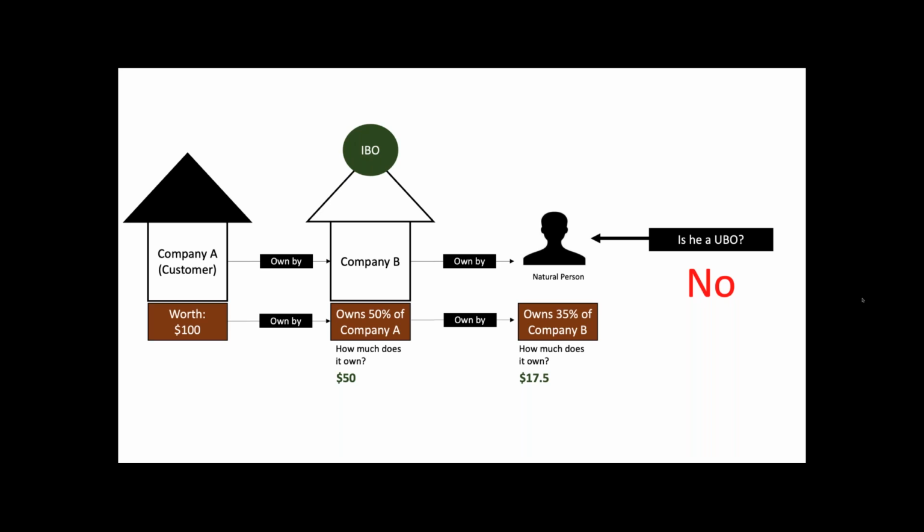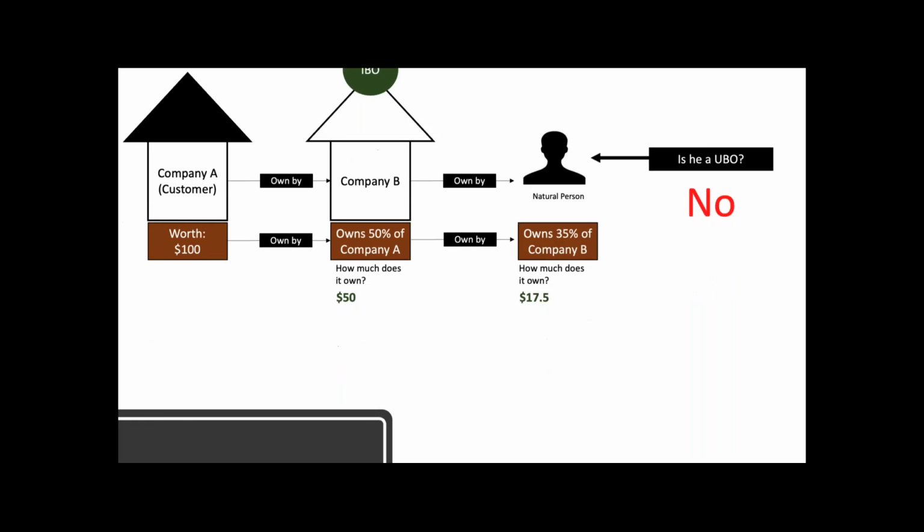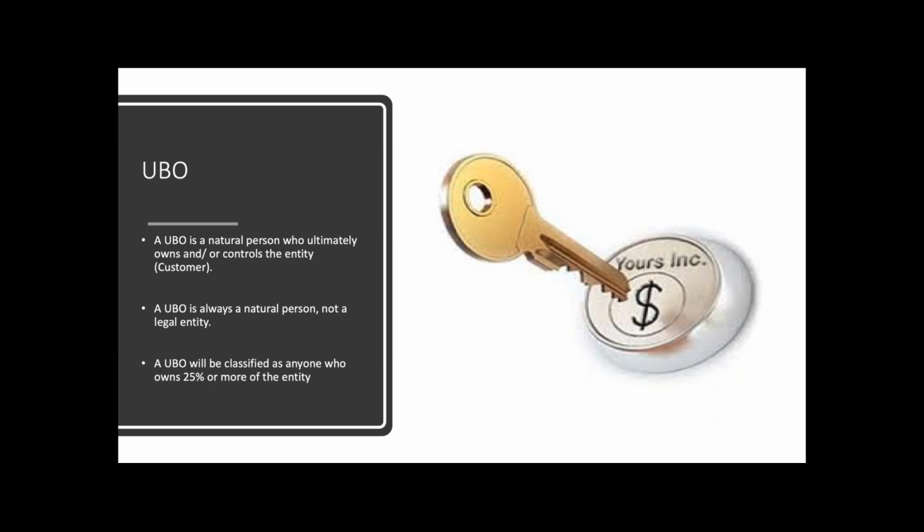But company A is not a UBO, because a UBO is a natural person. So let's go back and reiterate that, right? When we define a UBO, a UBO is a natural person, always a natural person. Point number 2, a UBO is always a natural person, not a legal entity.